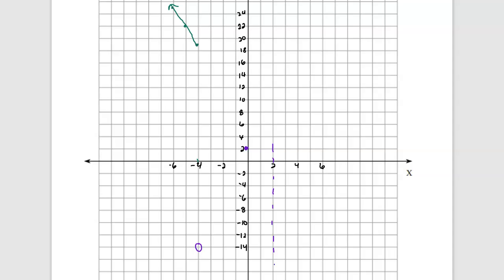That should be up here. There we go. And then at 2, I'm at -2 with an open circle. So I've got this parabola going. Okay? And so we look like this.